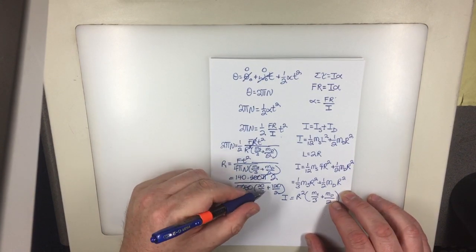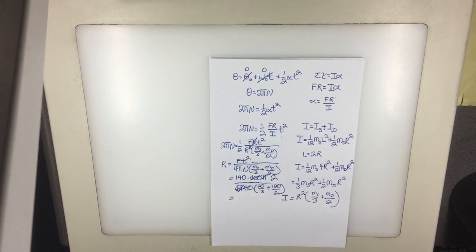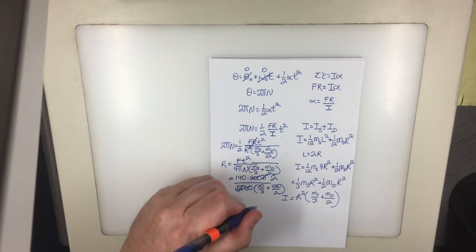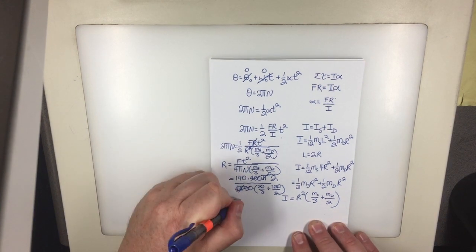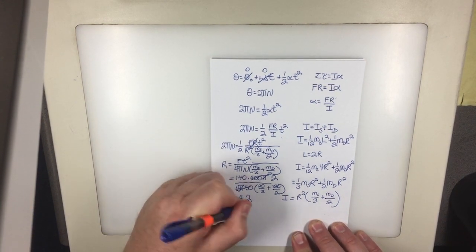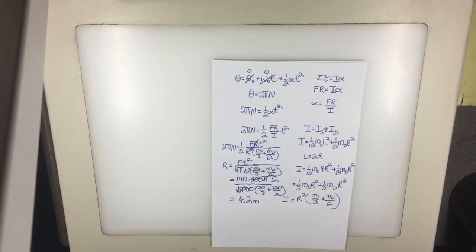So it's 280 divided by whatever that is. And I get a radius of 4.2 meters exact.